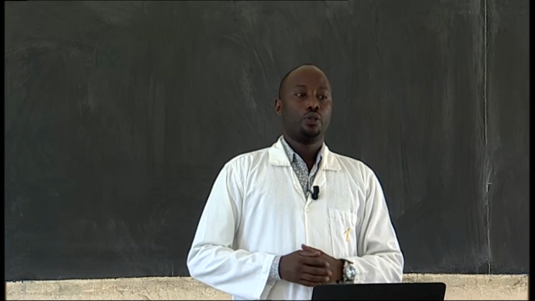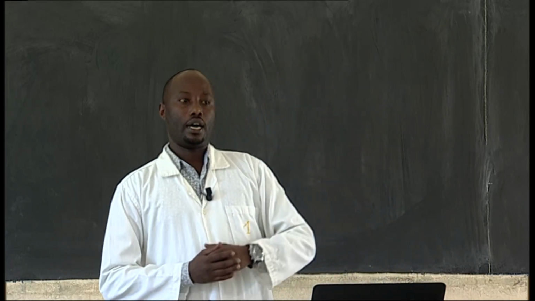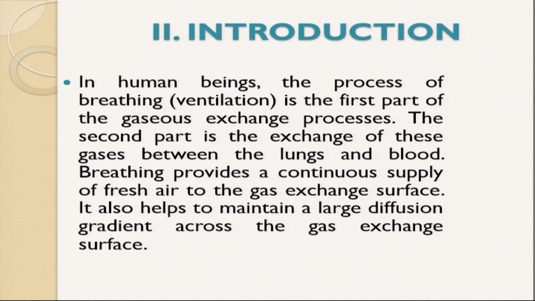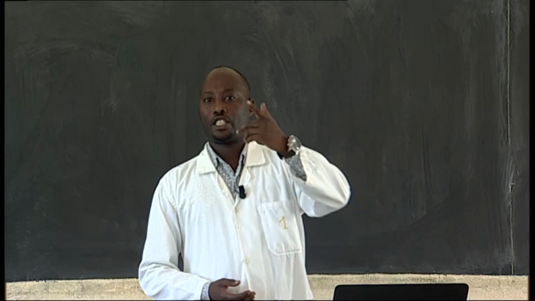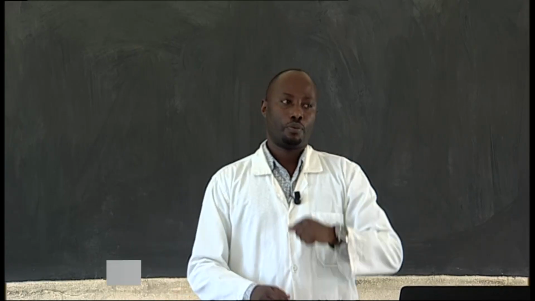I know we use the lungs in the process of breathing. Earlier, in the last lesson, we talked about the breathing process. The process of breathing is referred to as ventilation. I know some of you have ventilators at home, so what are the ventilators at your home used for?